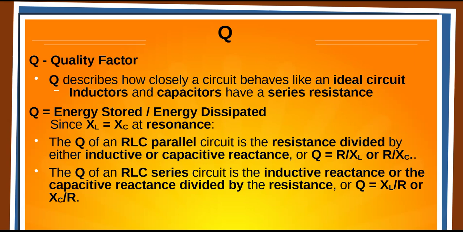You're right, if that's the way you want to think about it. It doesn't matter which one you use, you just have to pick one, and at resonance, it's the same. But you have to have its value. Well, you have to calculate one or the other: 2 pi FL or 1 over 2 pi FC.